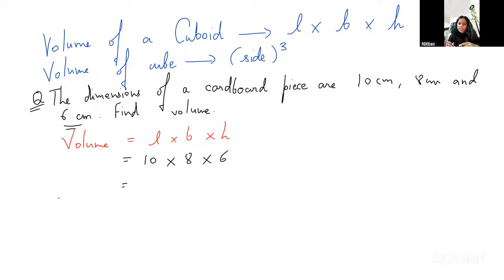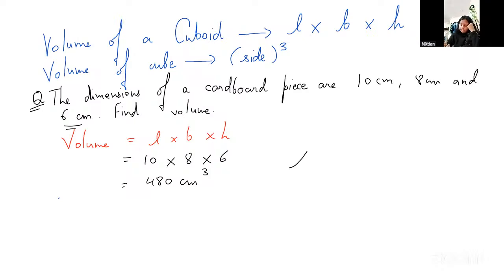10 into 8, 80. 80 multiplied by 6. Multiply 8 with 6, 48, and put a 0. 480 centimeter cube.